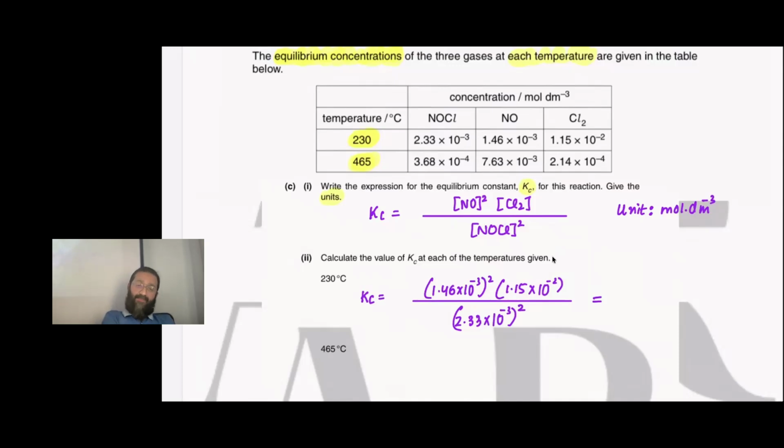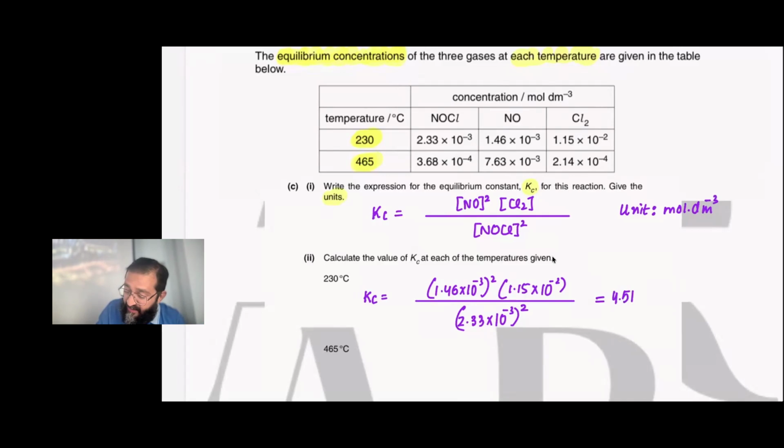Who will tell me the answer? My calculator has died, I'll get another one in just a second. Five to the power minus 3. 4.515.